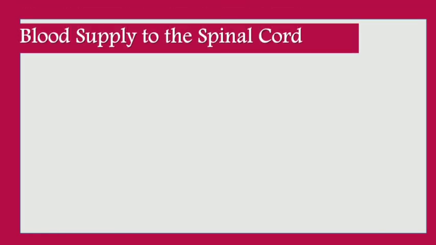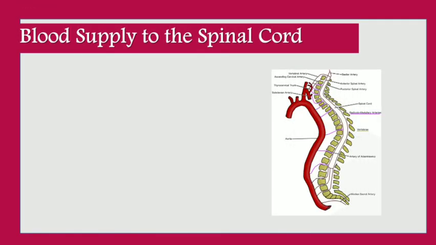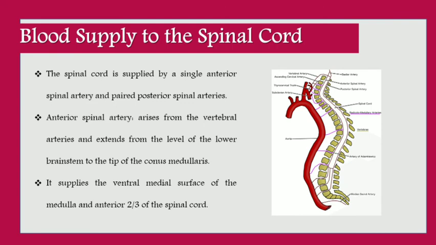Let's see about blood supply to the spinal cord. The spinal cord is supplied by a single anterior spinal artery and paired posterior spinal arteries. Anterior spinal artery arises from vertebral arteries and extends from the level of lower brainstem to the tip of conus medullaris. It supplies the ventral medial surface of the medulla and anterior two-thirds of the spinal cord.